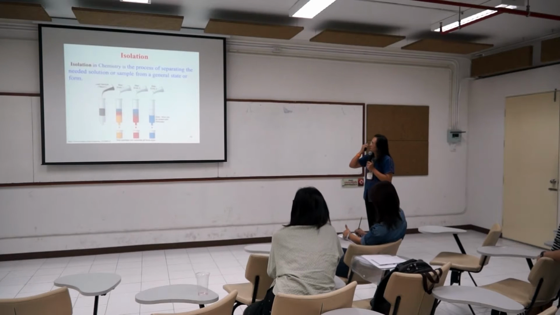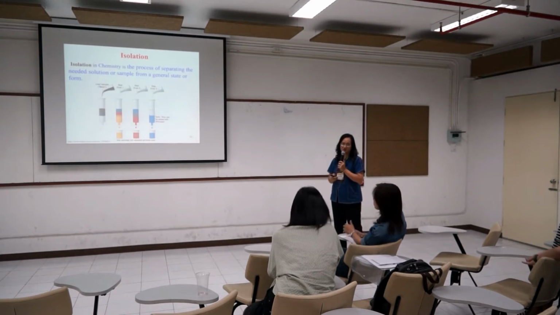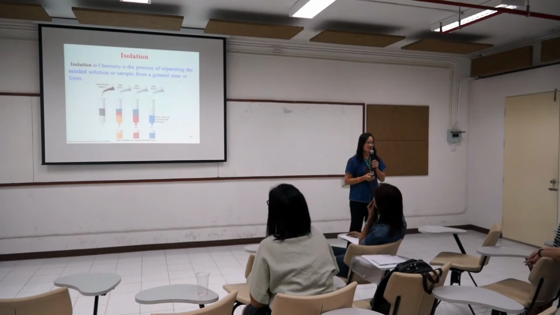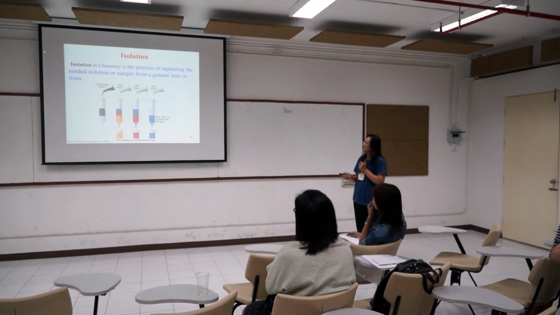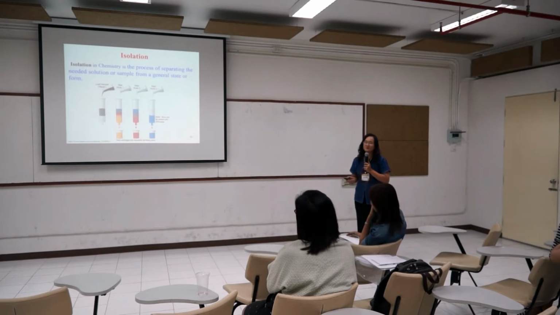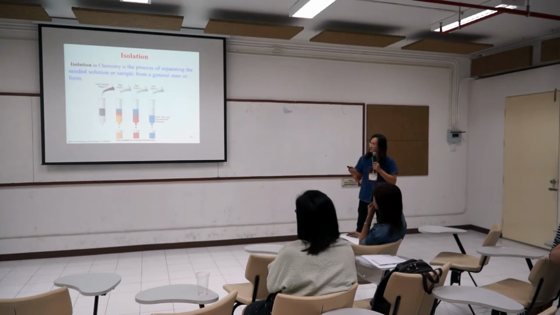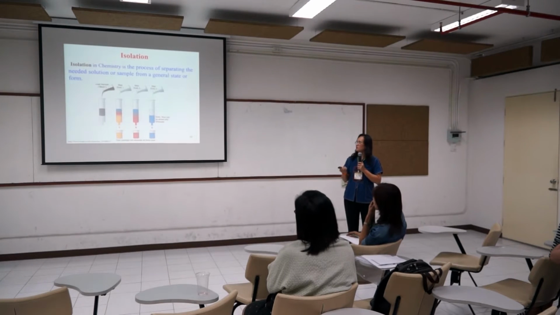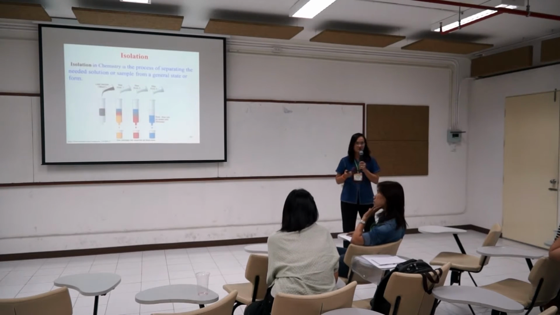Okay. In the presentation, I want to let you know about isolation. Okay, have a lot of meaning about isolation, but in chemistry, isolation is the process to separate the chemical we need. When you extraction of plant or the tissue animal or whatever, you get a phytochemical that have a lot of chemistry.